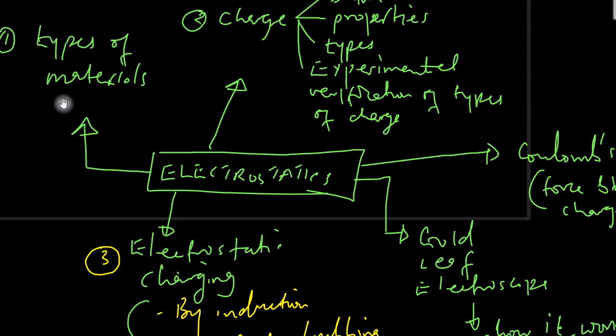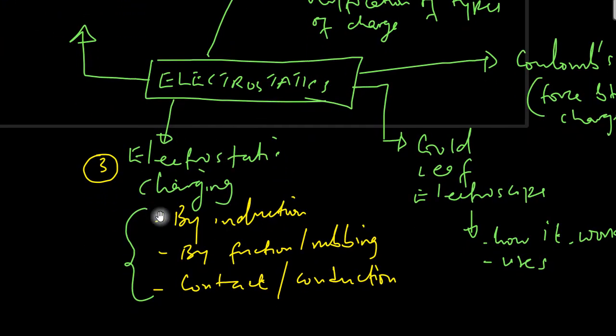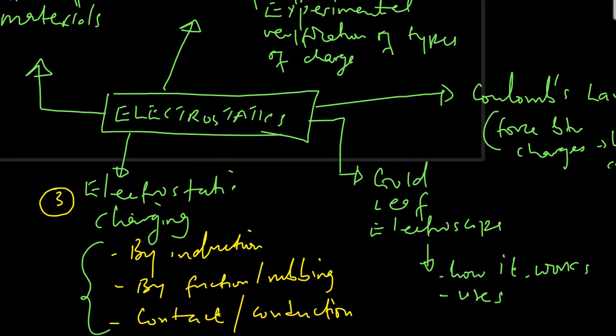We'll begin by looking at the types of materials. We'll look at conductors, insulators, semiconductors, and superconductors. We'll go ahead and look at the types of charge, their properties, and how to experiment on this. Our third subtopic is electrostatic charging.